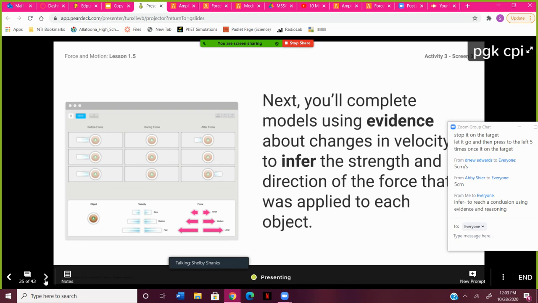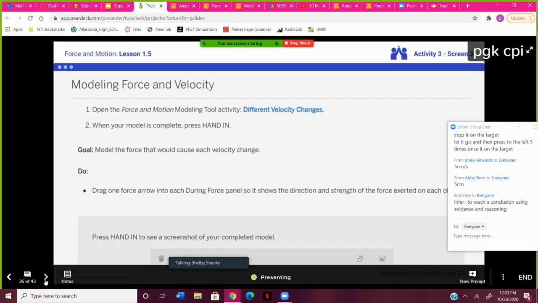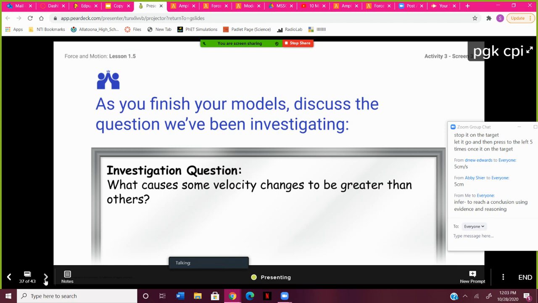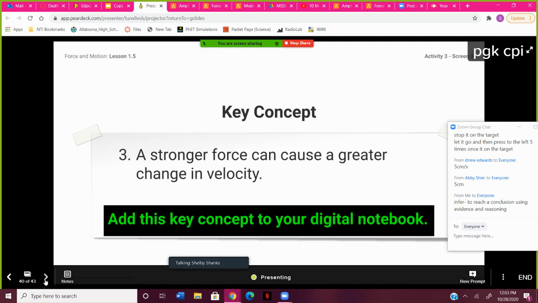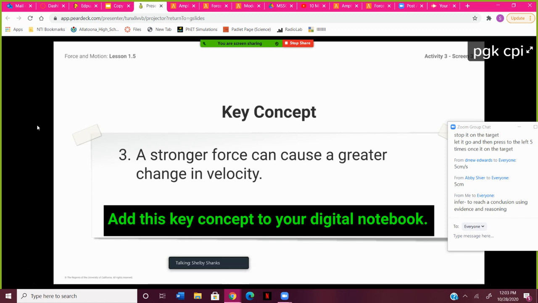This is another thing on the modeling tool, so we will do that on Friday. This is another thing we will do Friday. And we've got a key concept, okay? So this is what we've been going over the last 2 days, and now we are finally getting these key concepts down. So in today's slide, for chapter 1, lesson 5, it will have important information, and you can write this key concept down in that box.